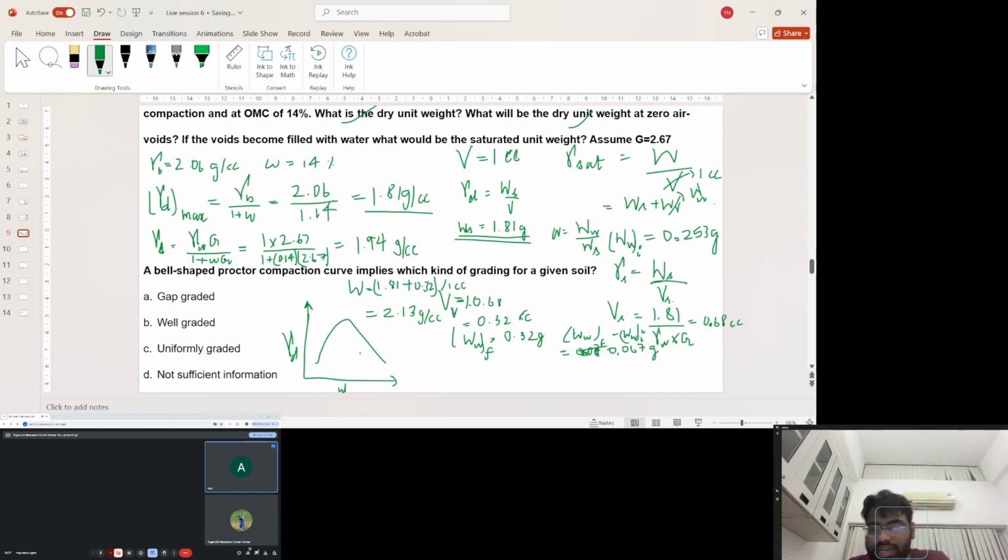So ideally we will get it for well-graded soil. We will not typically get this kind of curve. It is a very rare phenomenon that we get this. But the ideal condition is that it should have a clear-cut bell type of curve for a well graded soil.